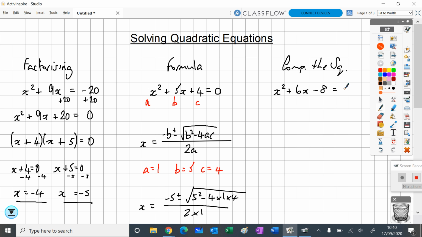If you complete the square, you're going to get x plus 3 all squared minus 9 minus 8 equals 0. x plus 3 all squared minus 17 equals 0. Watch my video on completing the square if you don't understand how that's been done.